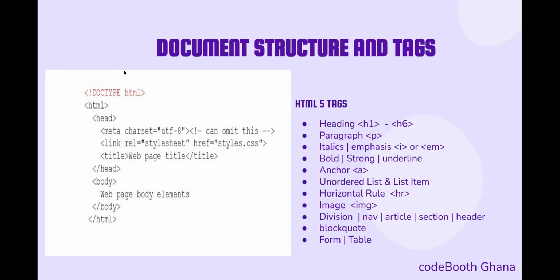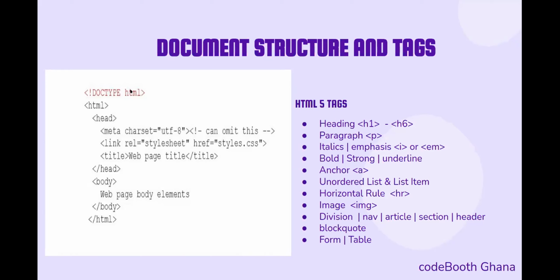So any website that you have seen starts with doctype. The meaning is document type. So we are telling our browser that we want to render information to users or people on the internet, but the document type that we want to use is HTML. That is why we have doctype HTML.